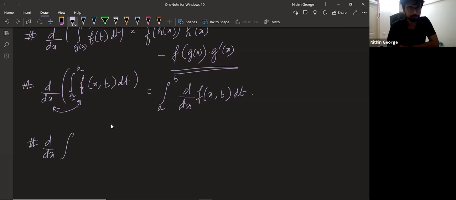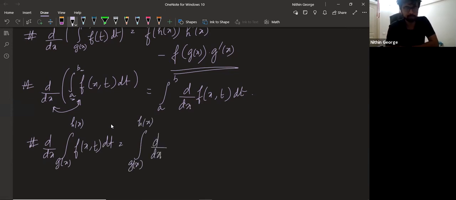d by dx of the integral from g of x to h of x of f of x comma t dt. This is the general case. Understand?